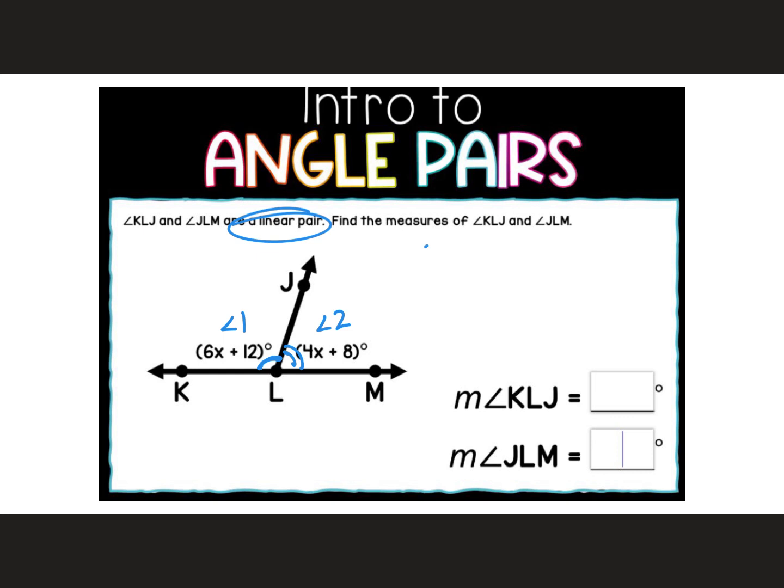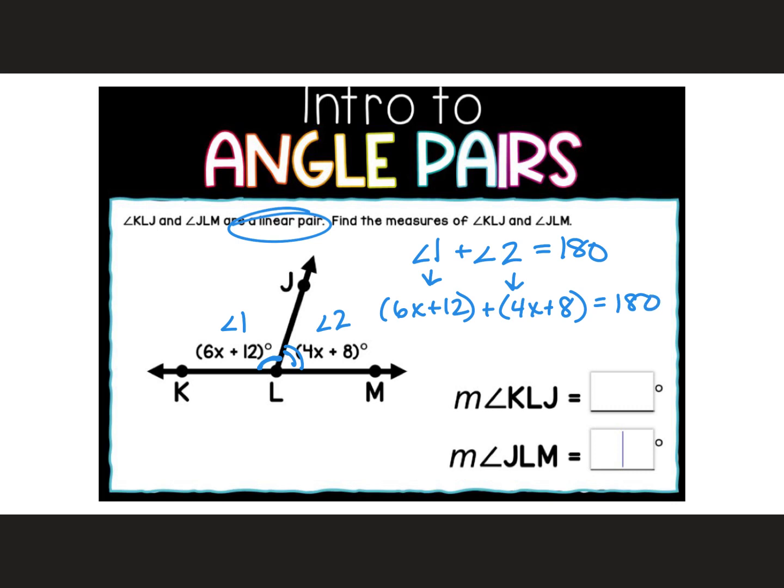So if they make a linear pair, that means angle 1 plus angle 2 would add up to equal 180 degrees. So what I'm going to do is replace angle 1 with what it equals. So it equals 6x plus 12, and angle 2 is 4x plus 8, and they equal 180.